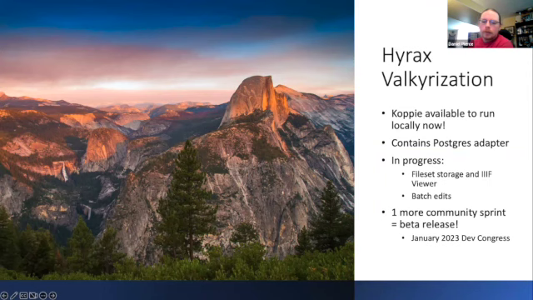It is the one that runs with ActiveFedora and Fedora 4 in the back end. I came up with a copy of that called Koppie that runs purely on Valkyrie and Postgres, just so we can more easily test that environment.